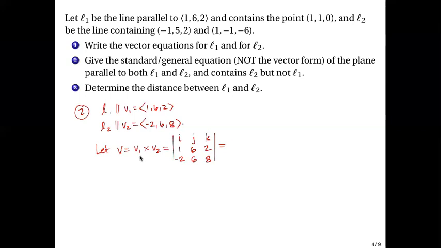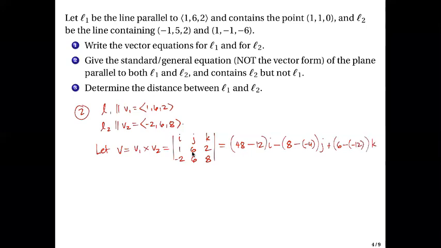So if we do this, we will have 6 times 8, that's 48, minus 6 times 2, which is 12. This is your i. Minus for j, 1 times 8, that's 8, minus negative 2 times 2, that's negative 4. This is j. Plus the one with k, we have 1 times 6, that's 6, minus negative 2 times 6, that's negative 12. So this is our k.